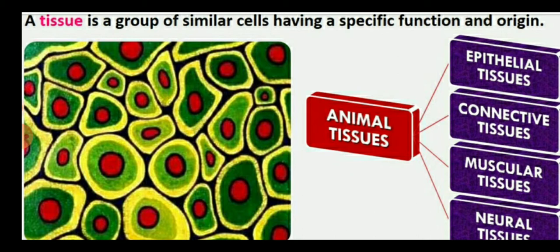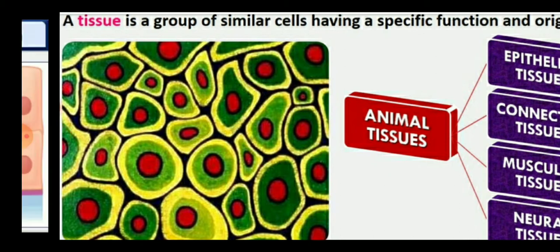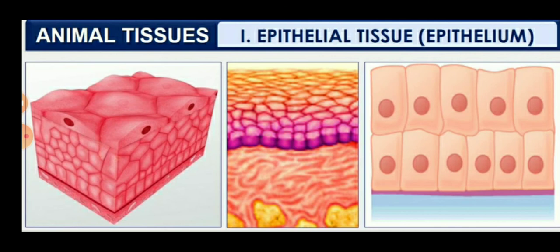Mainly, we are talking about the animal tissues. The animal tissues are mainly four types: epithelial tissues, connective tissues, muscular tissues, and neural tissues. The first is the epithelial tissues. The epithelial tissues are also known as the epithelium.